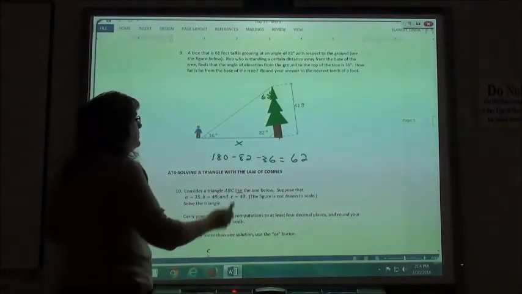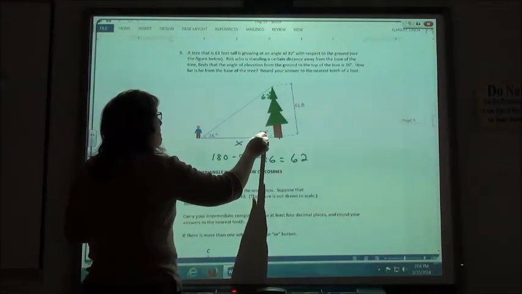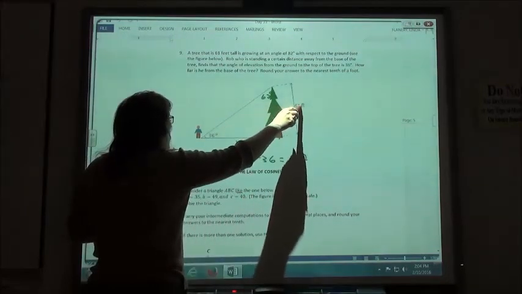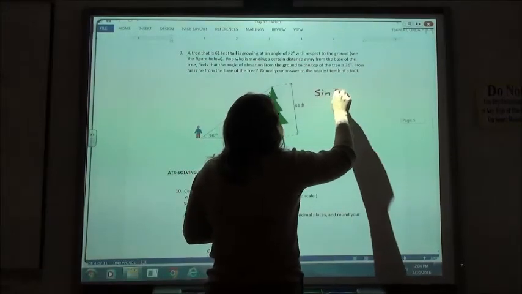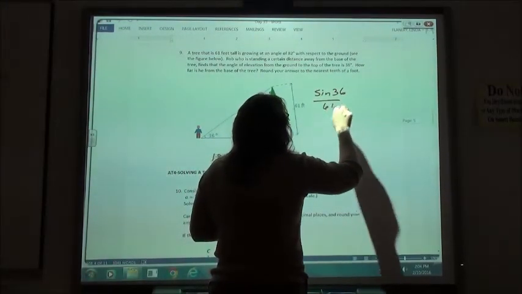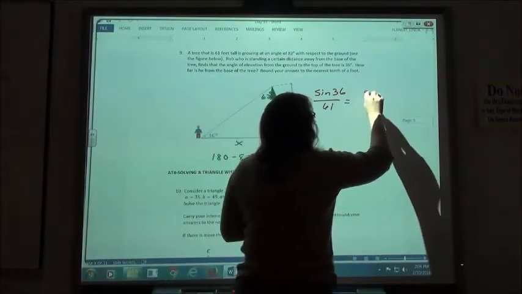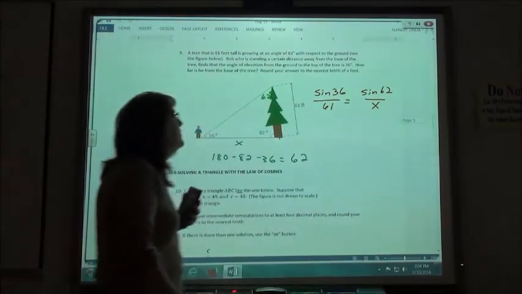So I'm going to use the 61 with the 36, so sine of 36 over the 61, and then I want the x, so I have to use the 62, sine of 62 over x.